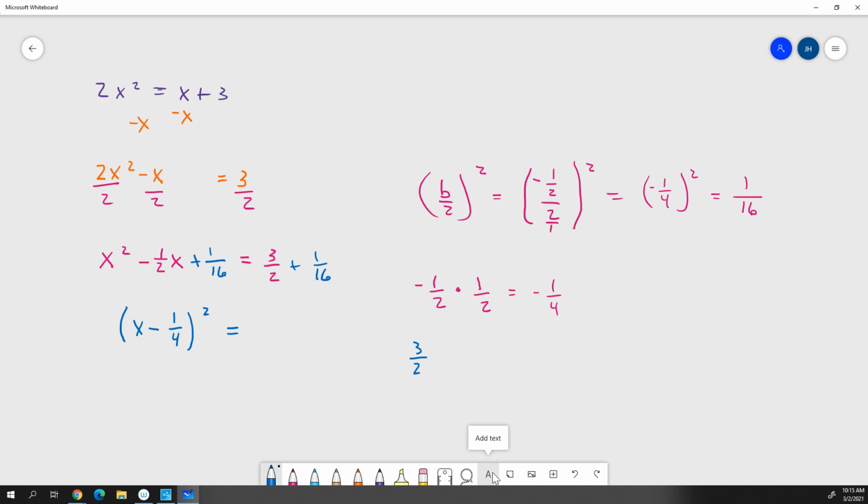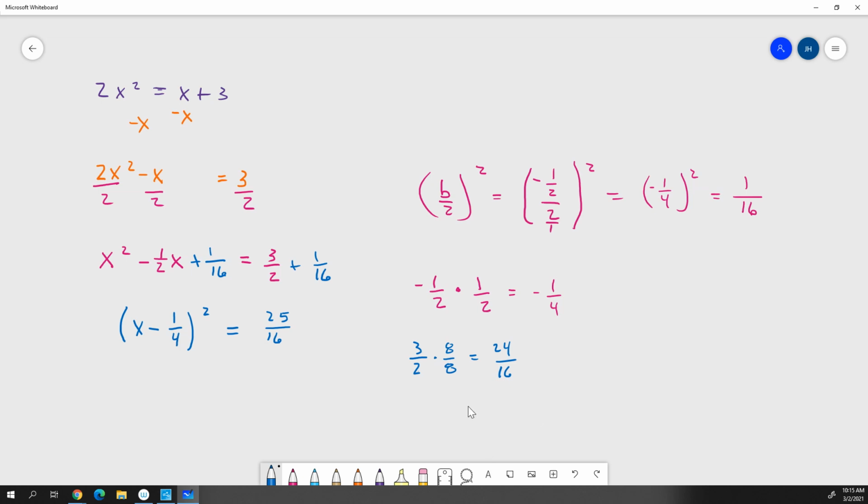So if I have 3 halves and I need it to be 16, I'm just going to multiply times 8 over 8, right? 2 times 8 equals 16. And I get 24/16. So if I have 24/16 plus 1/16, that would give me 25/16, right? If this became 24/16 and I'm adding it to 1/16, I get 25/16.